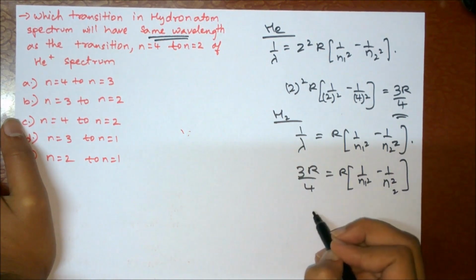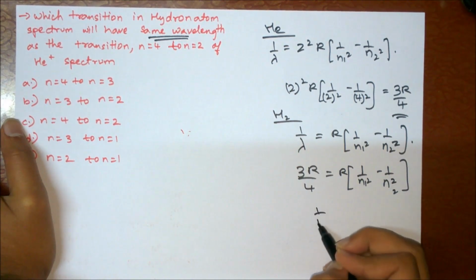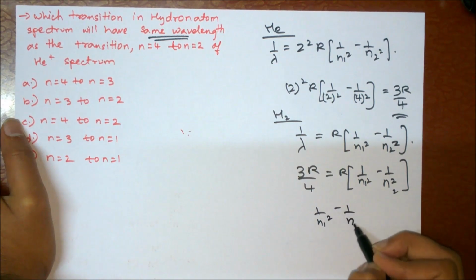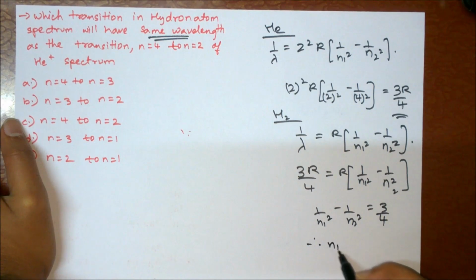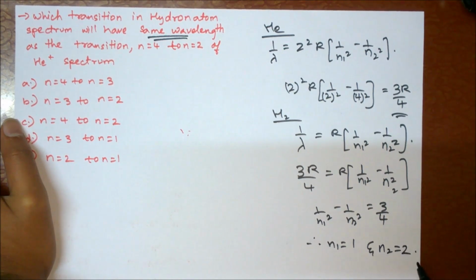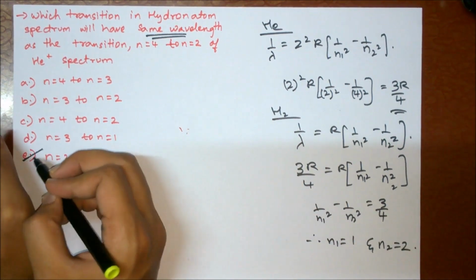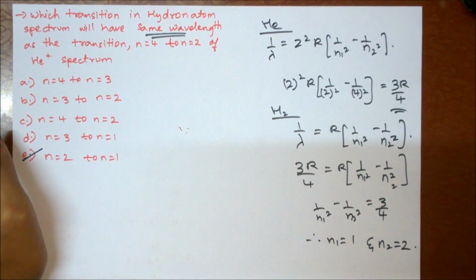On solving this, we get 1 upon n1 square minus 1 upon n2 square is equal to 3 by 4. Therefore, n1 is equal to 1 and n2 is equal to 2. So option E will be the correct answer.